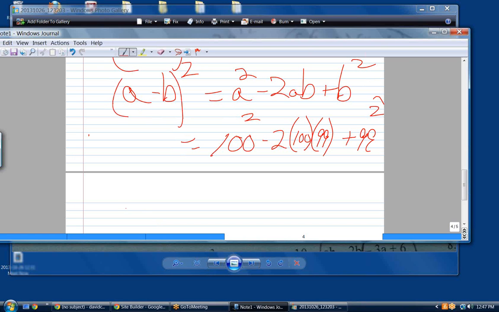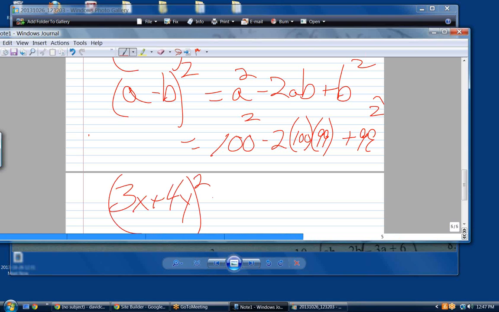So no matter what I give you, if I give you 3x plus 4y, quantity squared, what does that equal to? It would be 9x squared plus 24xy, and then plus 16y squared.